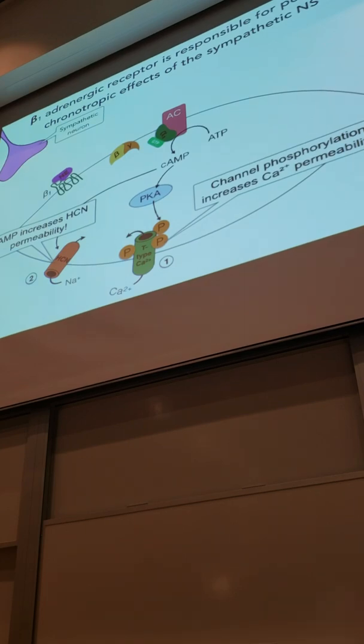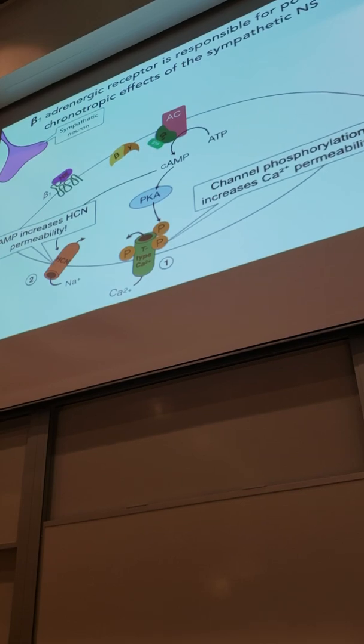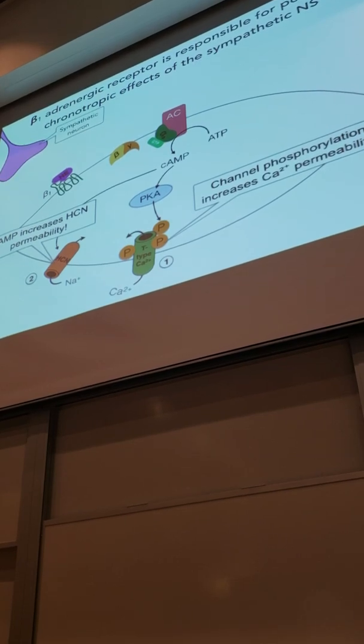Hyperpolarization activated. What's the CN? Cyclic nucleotide. Cyclic nucleotide, okay. So who's our cyclic nucleotide in this image? Yeah, it's cyclic AMP, okay.